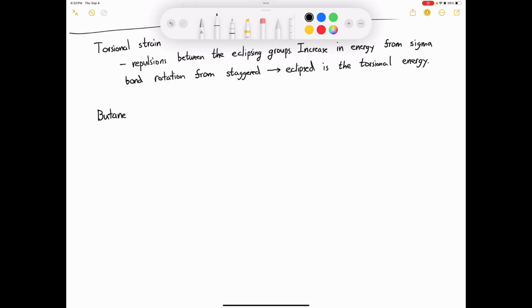Depending on what atoms are trying to rotate past one another, the energy will be different for each. So let's make a little chart here: torsional energy between two groups.